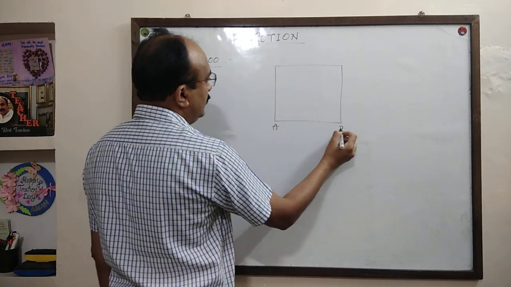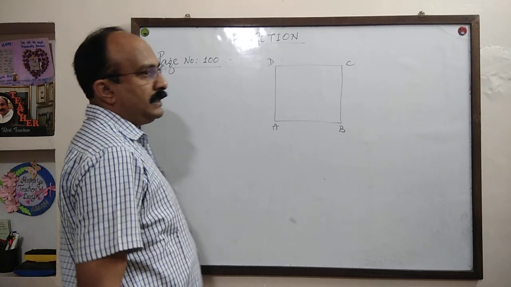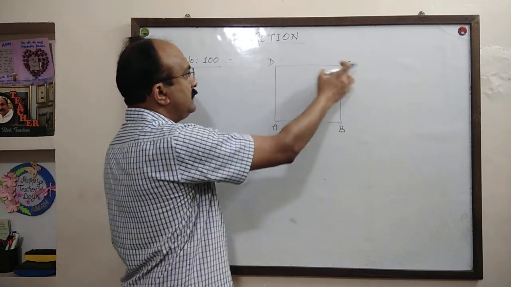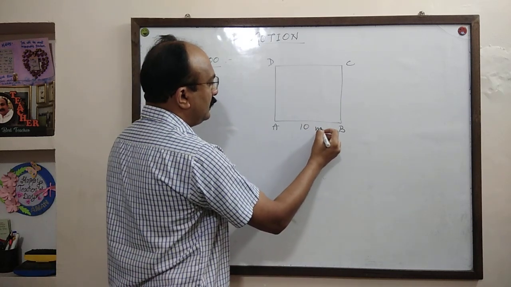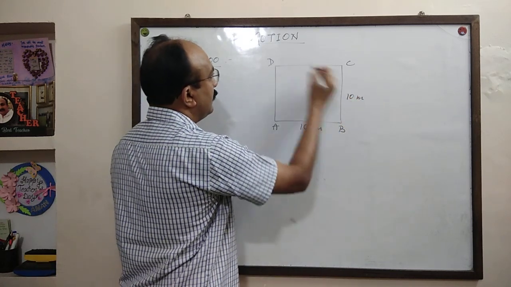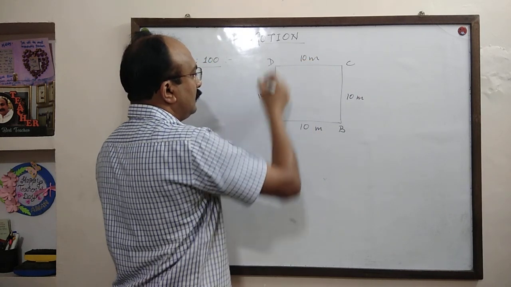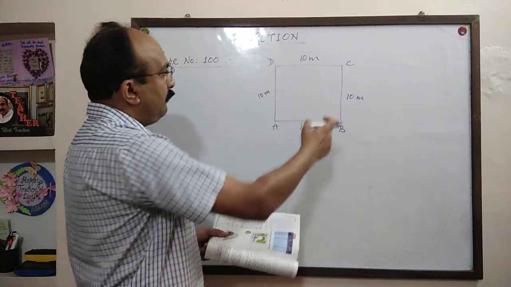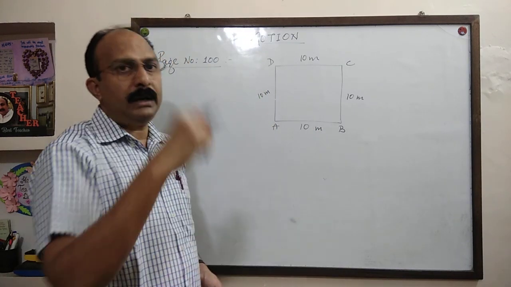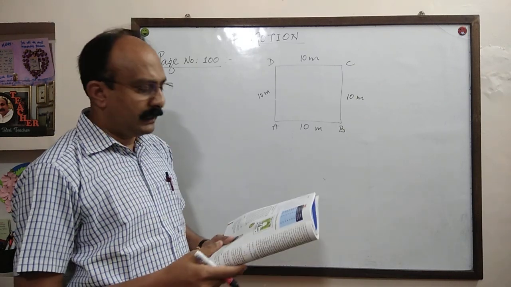Let us name it A, B, C, D. The farmer starts from A, going to B, C, D, A. Each side is 10 meters. When he completes one round around his plot, he takes 40 seconds.